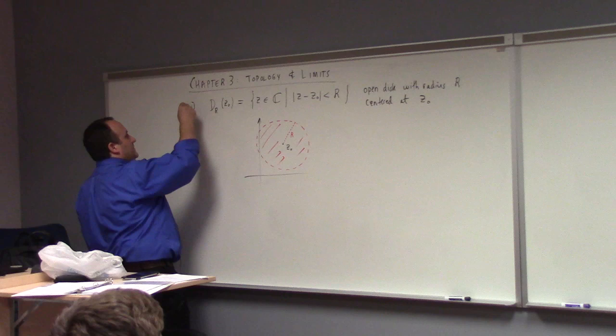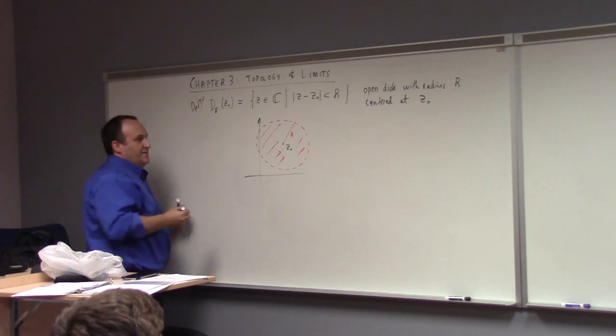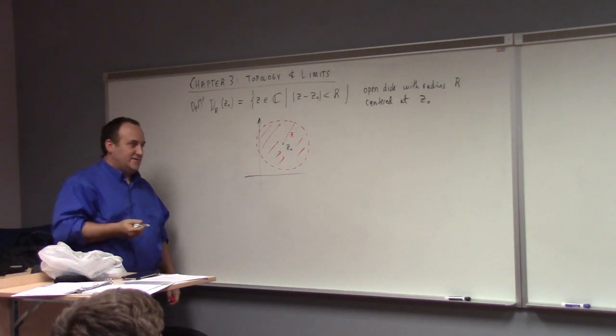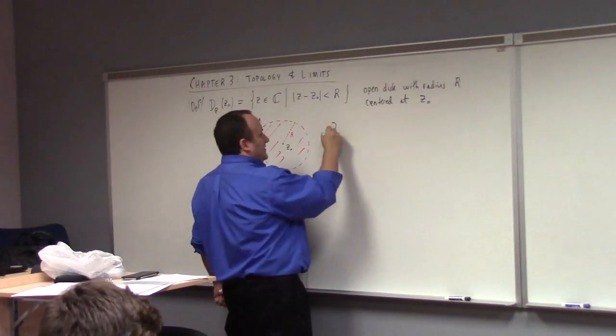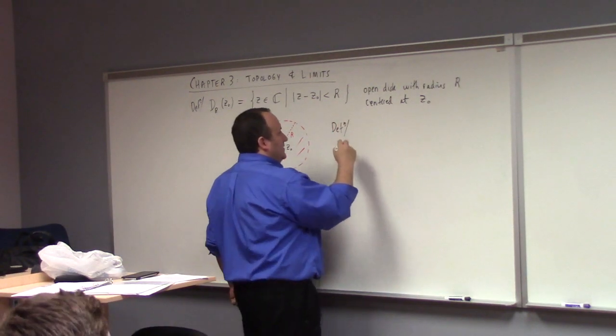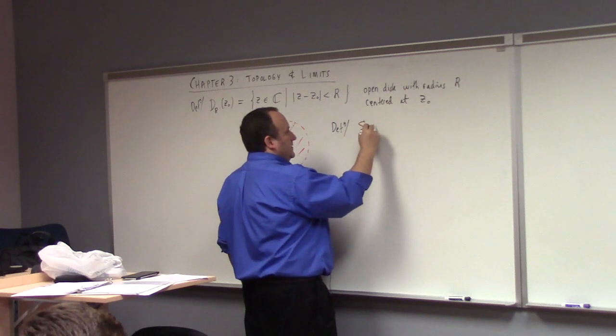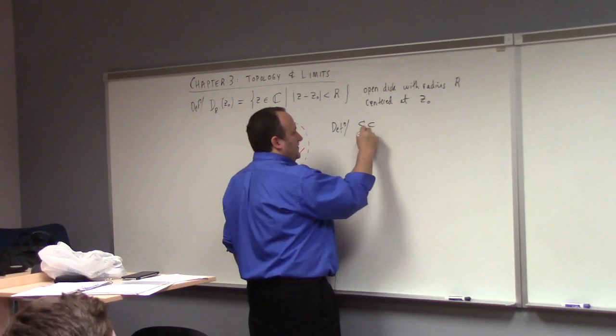A second definition, and we have so many definitions today. Definition 2. Let S be a subset of the complex plane.